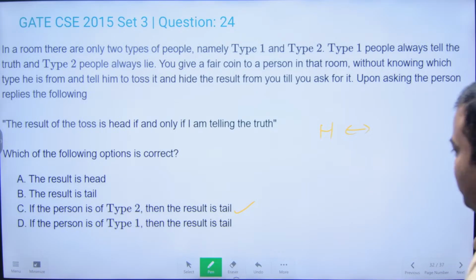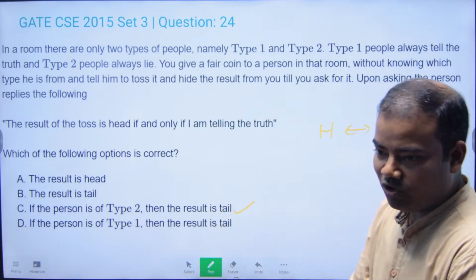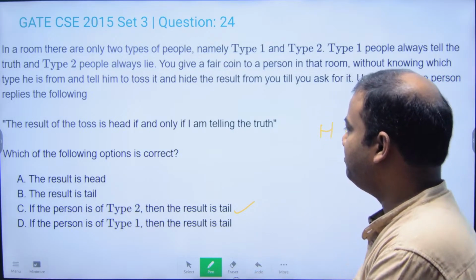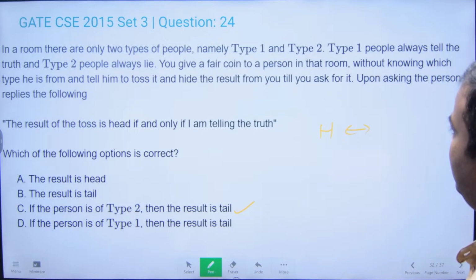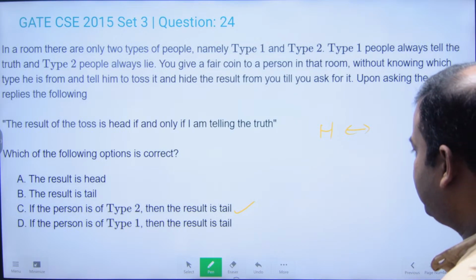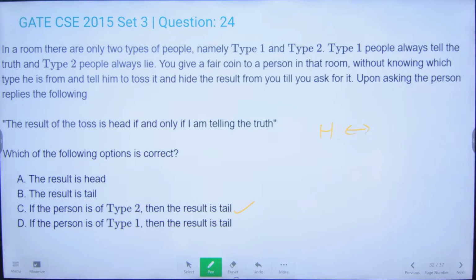Now this is clear that one portion you have solved. Now if he is type 1, what happened? If the person is type 2, then the result is tail.